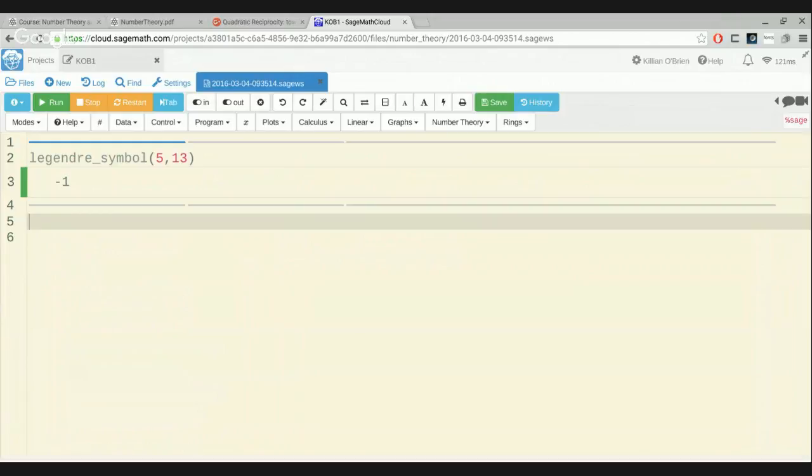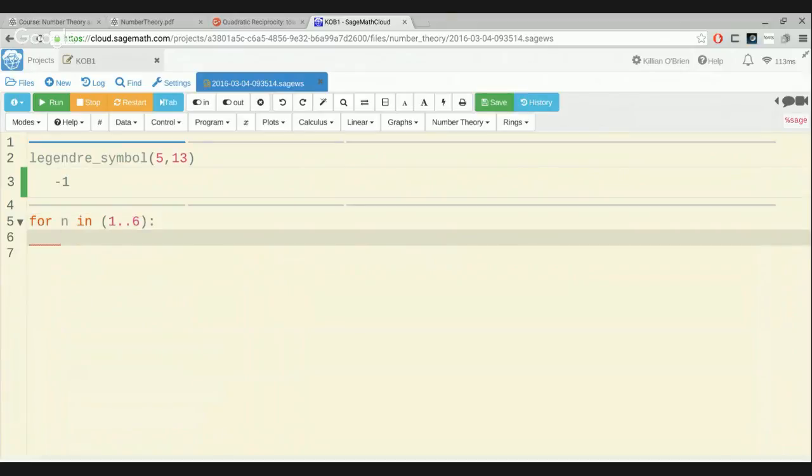Or you could do for n in the range, for n between 1 and, now you only have to go up as far as the halfway point, which is 6. We'll look at n squared modulo 13.